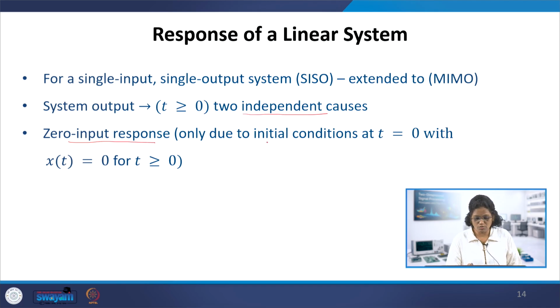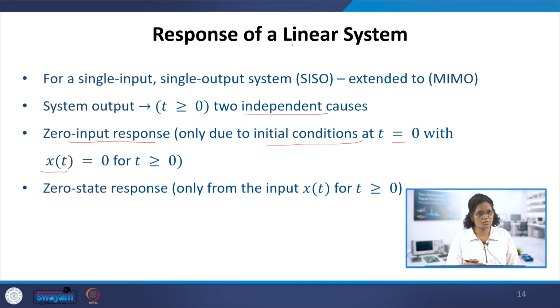So it is due to the initial conditions at t equal to 0 with x of t equal to 0, where x of t is the input of the system, for t greater than or equal to 0. At t equal to 0, the system has only the initial conditions and no input is applied to it. So that is the zero input response. And then the linear system has another response, that is the second independent cause.